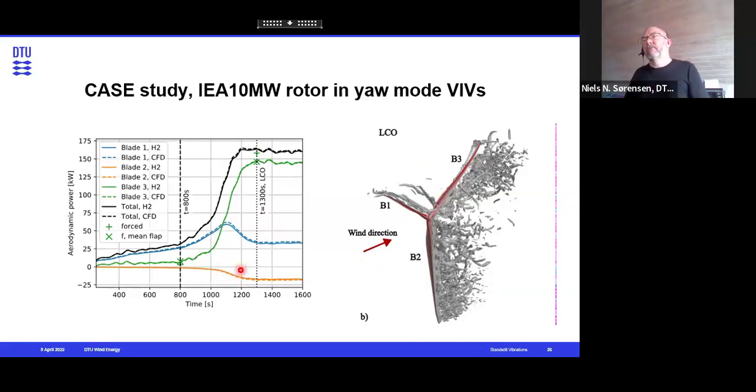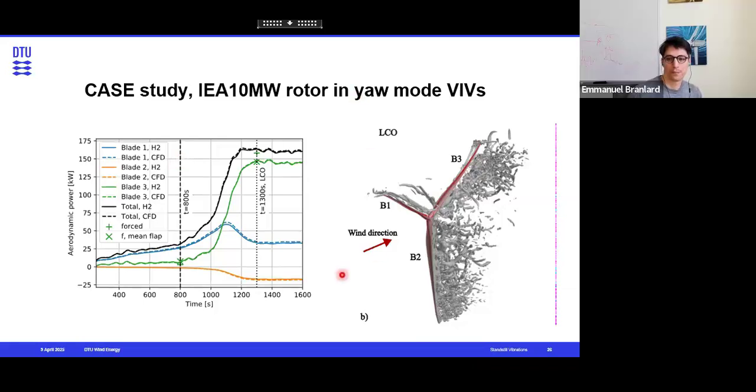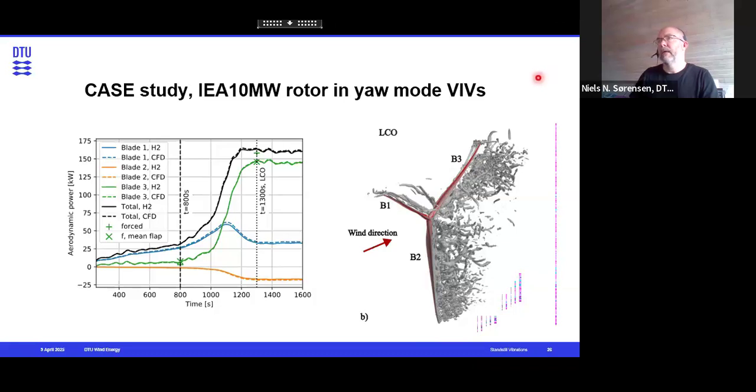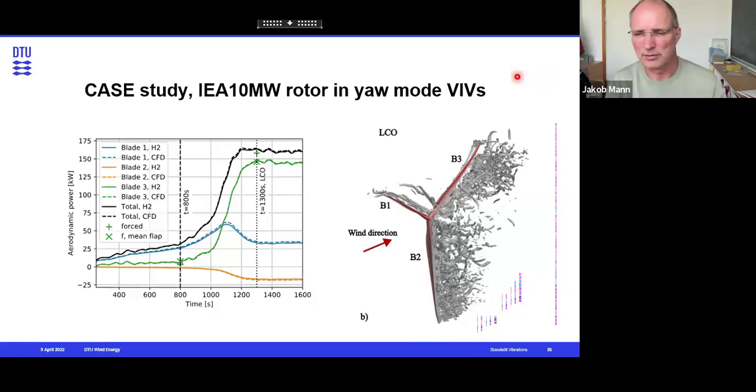This figure is taken from somewhere else, and we do determine the power injection in 2 ways, based on the Hawk 2 output and directly from the CFD output, and preferably they should be totally identical, and they are close, not perfect, but close. Should I just leave it up, Jakob? Yeah, you want to do that.